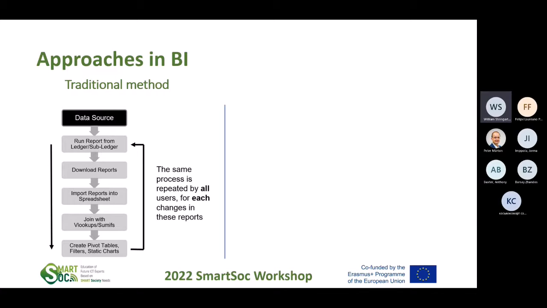So, some approaches. There are three important approaches to business intelligence when looking at business intelligence as a service. In the traditional method, when stepping back from the data source, there are some processes how to evaluate data and how to analyze them to provide some answers, analytics. But this was organized in stages and phases, and the same process is repeated by all users for each change in these reports.